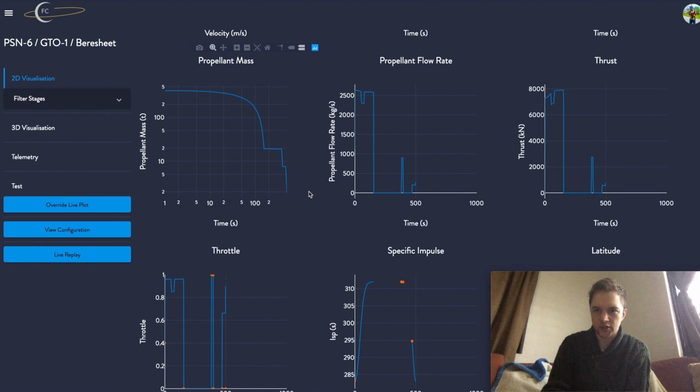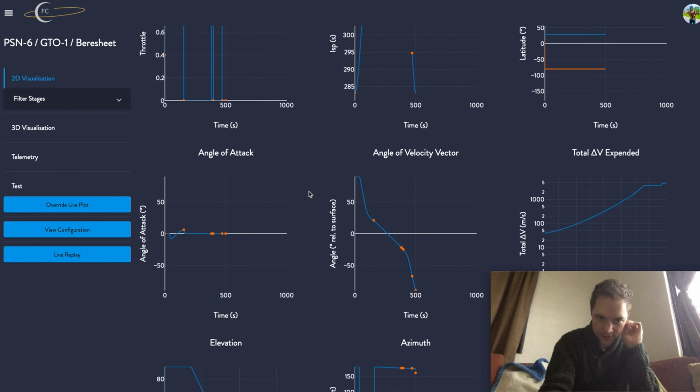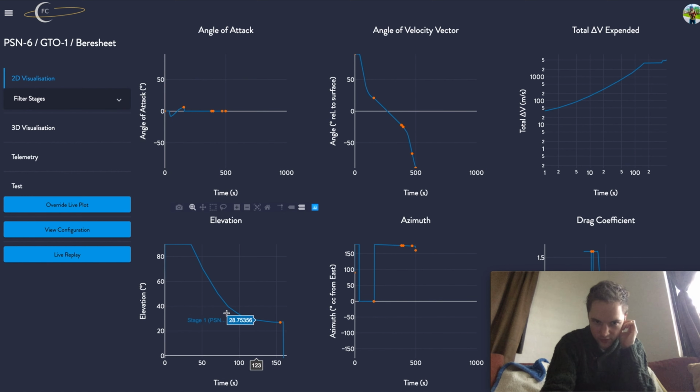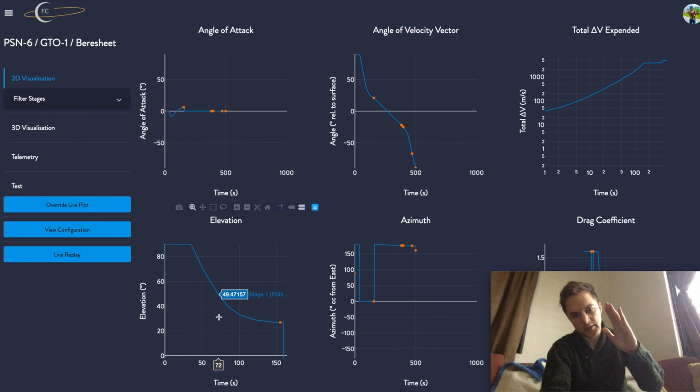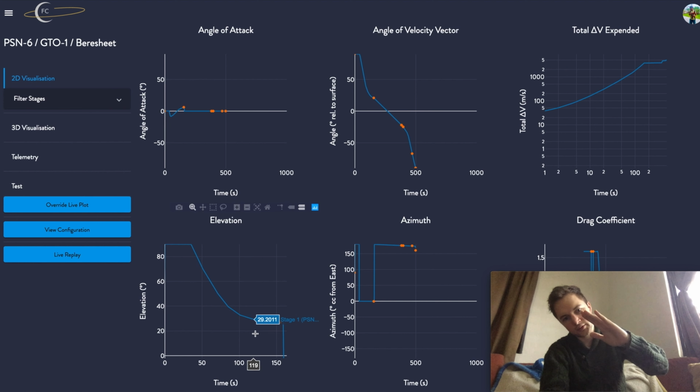I don't know the direction of the thrust vector because at the start it's pointing straight up, and over time it curves over. And that's given by my elevation curve. So obviously it begins at 90 degrees, close enough to it. And then after 30 seconds, it starts to pitch over. It goes 60, 45, 30, and MECO happens around 27 degrees there.